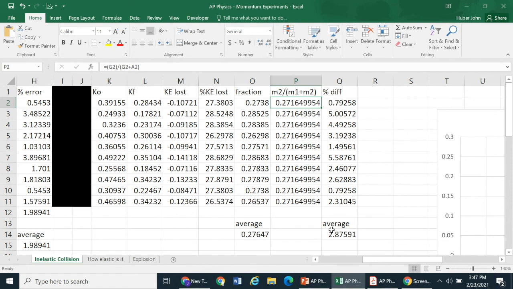And notice this 2.9-ish percent difference was contributed to pretty greatly by these two trials here. And as you can see, in the original mass determination, these were my most error-prone trials as well. And so that probably tells you there was something a little iffy with those trials. But either way, it's a very good result.